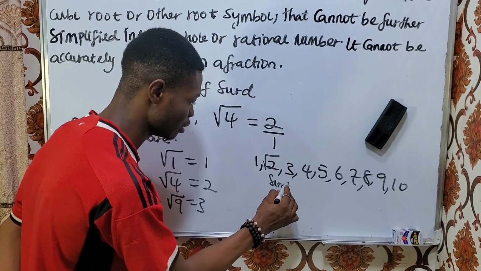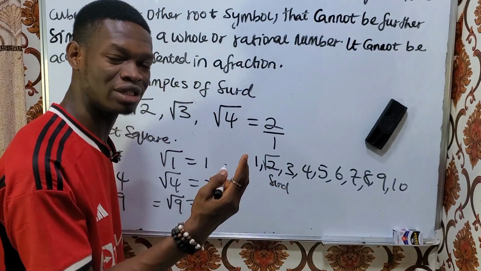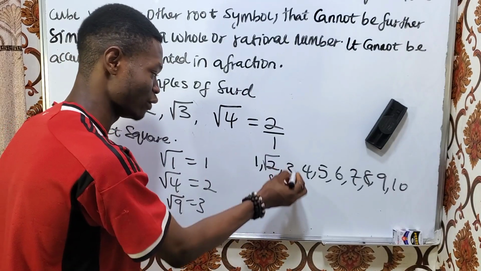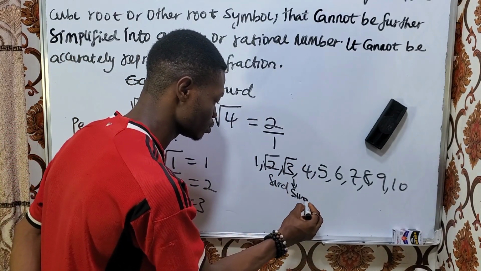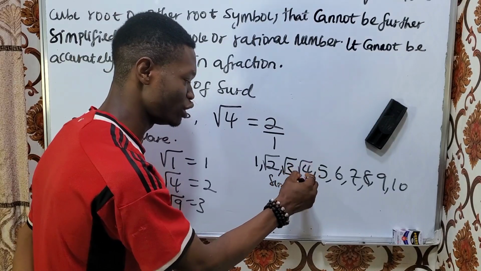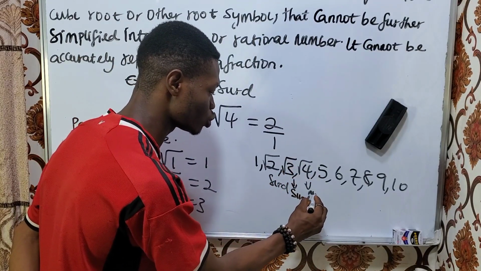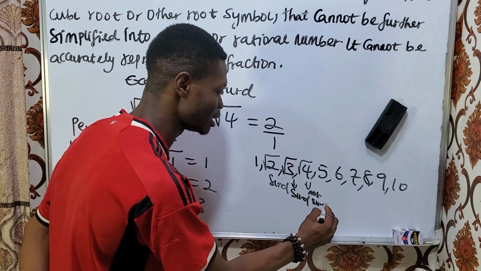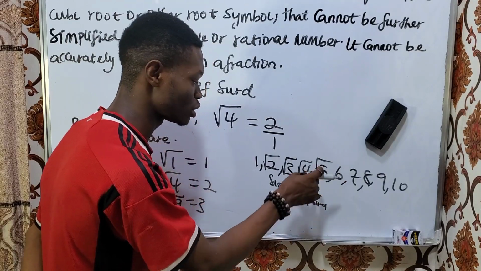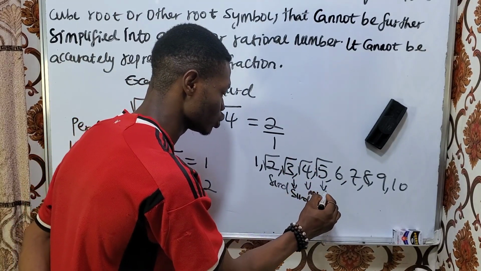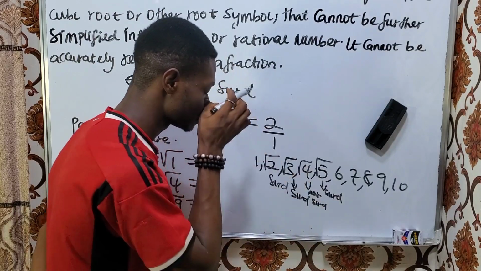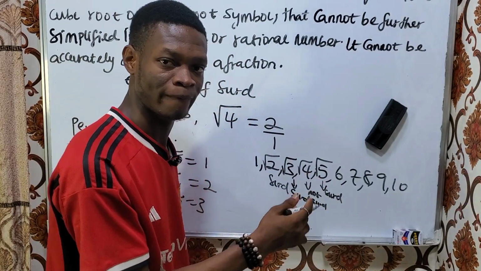You understand it now? 3 is a non-perfect square because there are no two identical numbers you can multiply to give us 3. So square root of 3 is a surd. Square root of 4 is 2, so not a surd. Are you seeing it now? Square root of 5 will give us a decimal, so it is not a perfect square. So it's a surd.